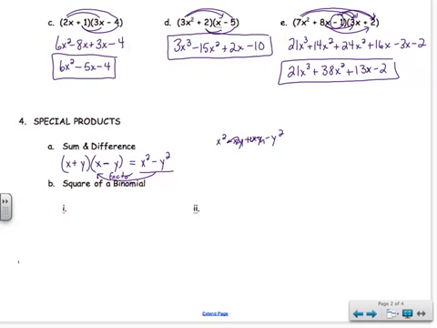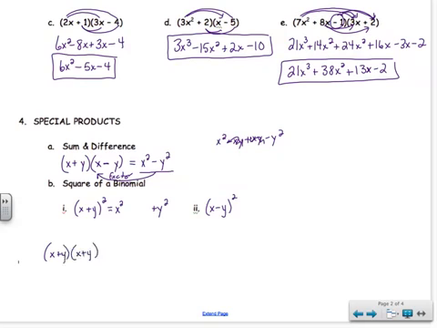If we look at the second special product, this is the square of a binomial. So again, if I have two terms, I'm either going to have the sum of them or the difference between them, and we're going to square that binomial. Now, the shortcut method is this. You square the first term and you square the last term. But a common error that students make is they think that's all you have to do. When in reality, if we look at it, x plus y quantity squared means that I have two of those expressions and I'm multiplying them.